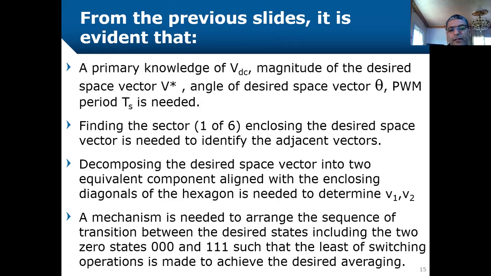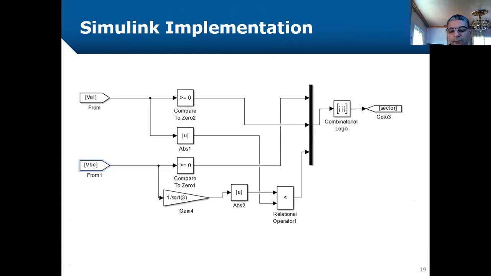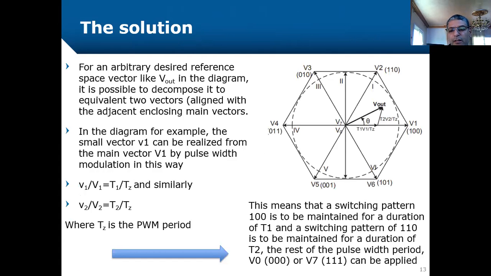First one is to find the sector from 1 to 6 enclosing the desired space vector to identify the adjacent vectors. Let us look back to the slide here. In each sector, this is 1, 2, 3, 4, 5, 6.